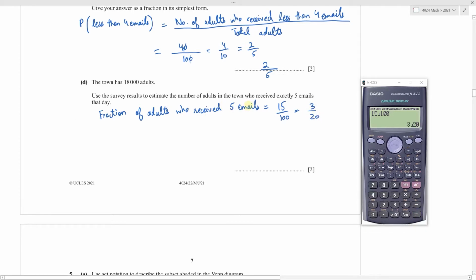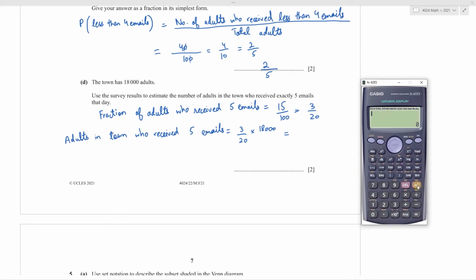So now you have to calculate adults in town who received 5 emails. It will be this fraction out of this 18,000. So 3 by 20 of 18,000 people will receive 5 emails.